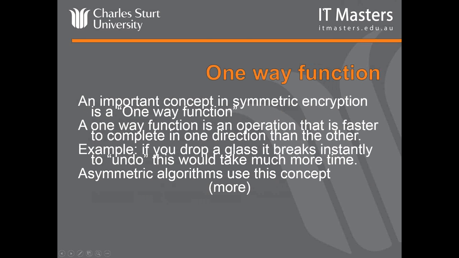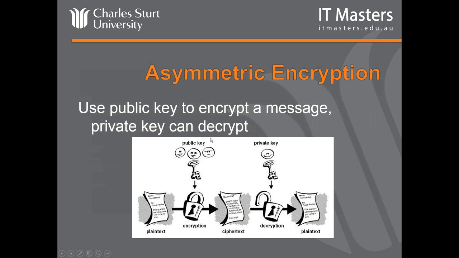All right, next we have a one-way function. Did you say that you could decrypt with the private key as well as encrypt with it? Depending on what you want to do, you can encrypt or decrypt with either key, depending on whether you want to digitally sign or not. So let's go back over this.